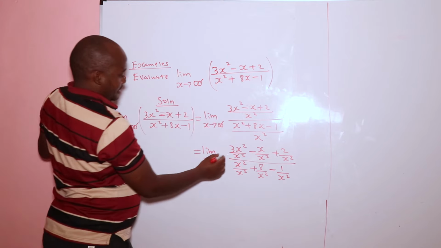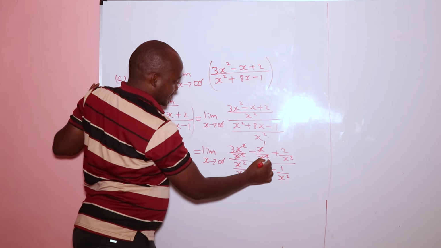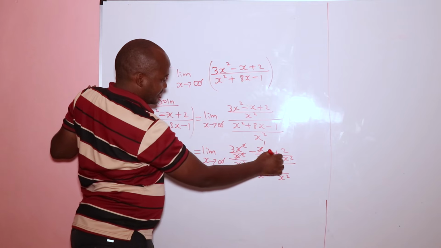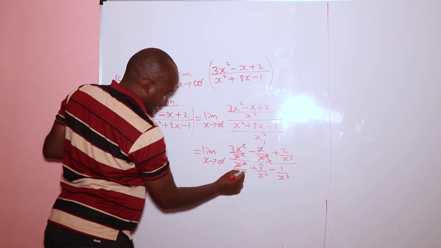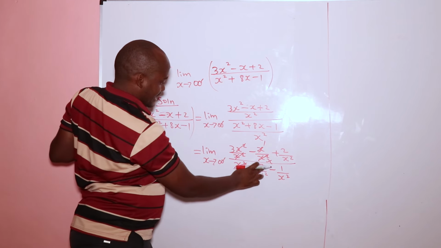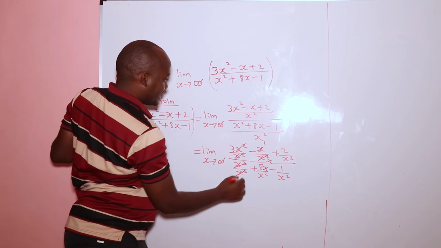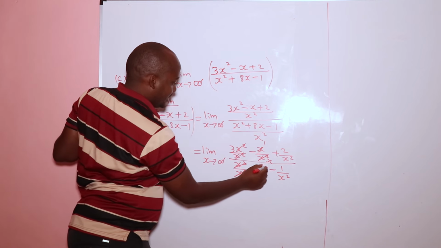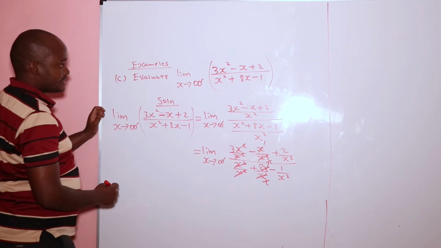Obviously this will cancel with that one. x by x squared will be left with 1 over x. This one will remain unchanged because there are no common factors. These will cancel with that one. The others will remain, but this is supposed to be 8x divided by x squared, so x by x squared is supposed to give us 1 over x.